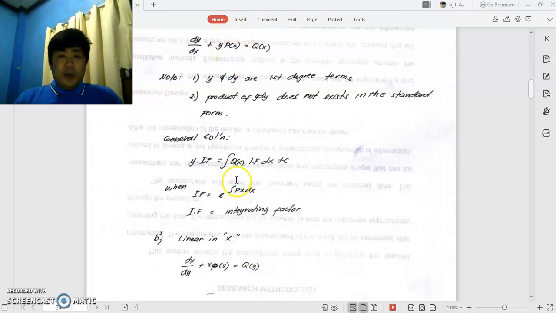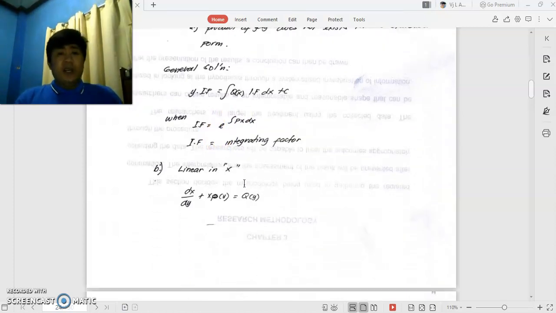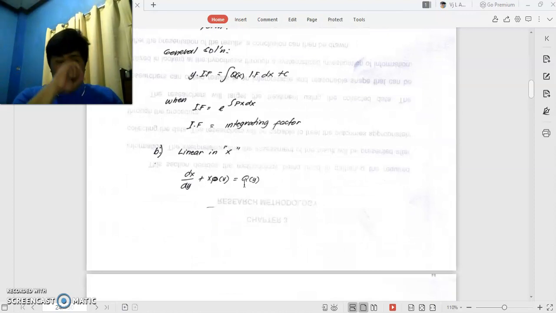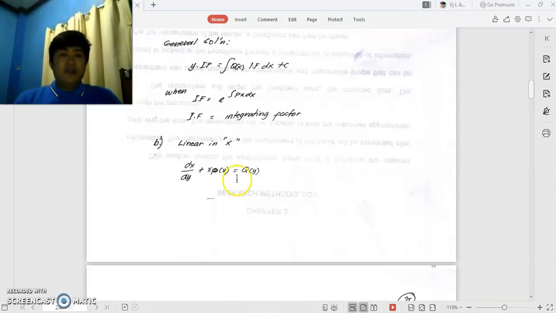Your P of x will be the power of the exponential. So your integrating factor will be equal to e raised to the power of integral P of x dx.